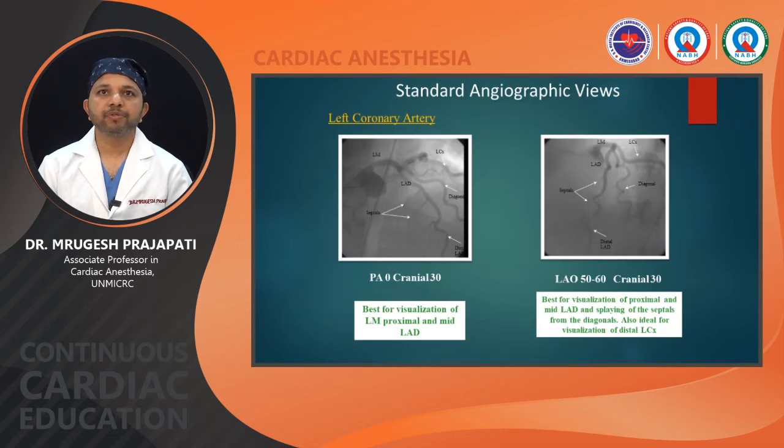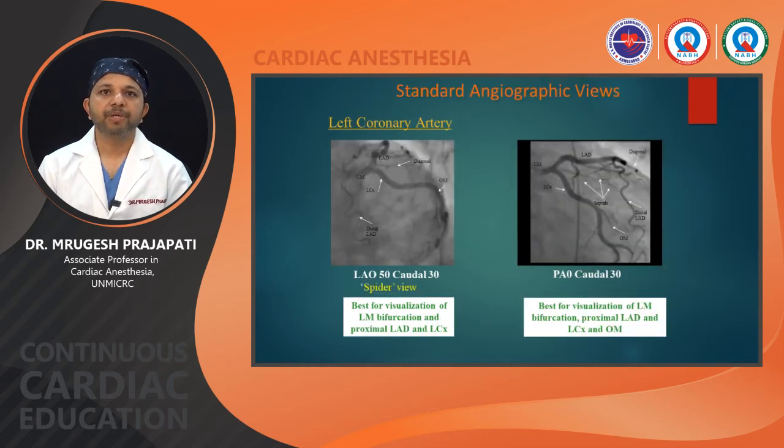These are the other views for the left coronary artery, which include the PA 0 and cranial 30, which is for best visualization of the left main, proximal and mid LAD. Another view is LAO 50-60 and cranial 30, which is for best visualization of the proximal and mid LAD and the distal circumflex artery.